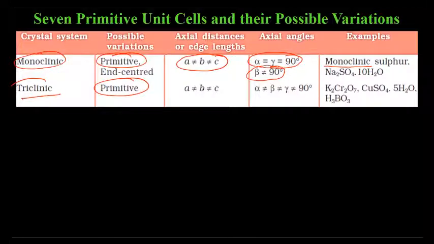Triclinic is none of the sides equal, none of the angles equal or 90 degrees. So remember, none of the angles is 90 degrees, and also they are not equal. So the triclinic one is very easy to remember. Nothing equal and nothing equal to 90 degrees.